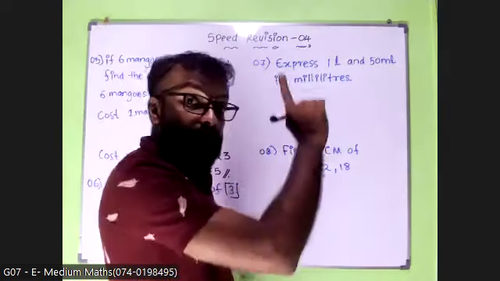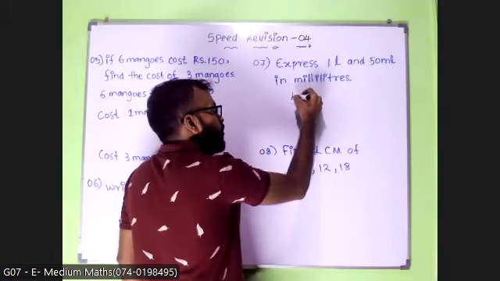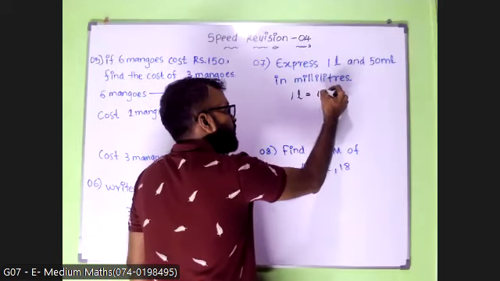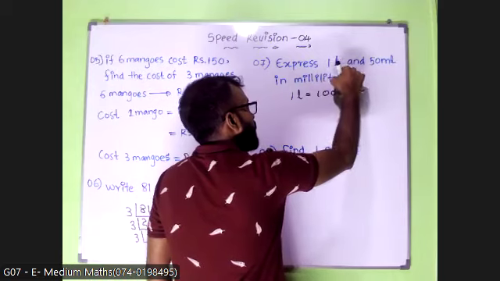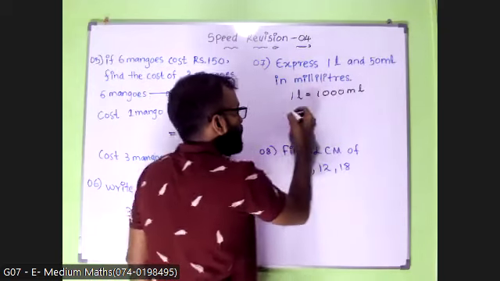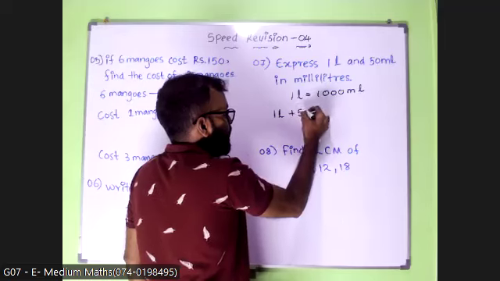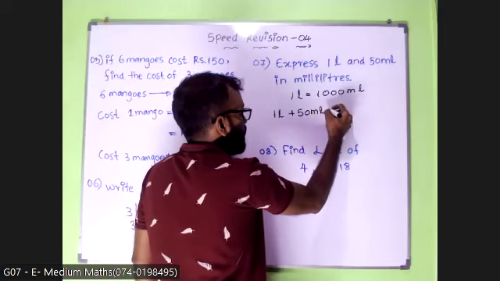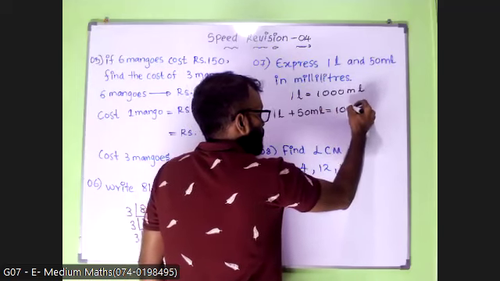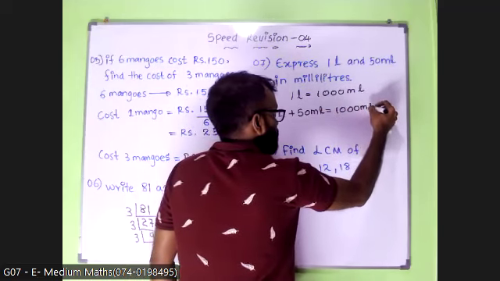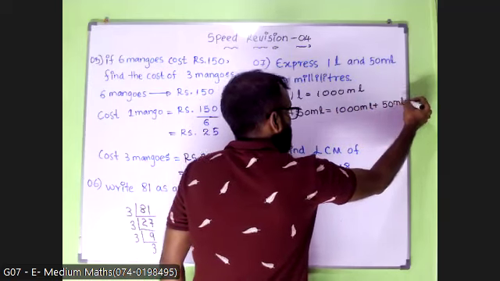Express 1 liter and 50 milliliter in milliliter, right? 1 liter, you know, includes 1000 milliliter. So here 1 liter plus 50 milliliter. 1 liter means 1000 milliliter. 1000 milliliter plus 50 milliliter, right?